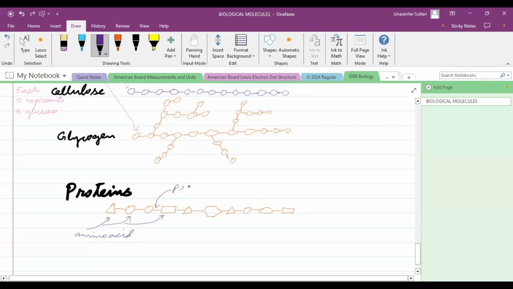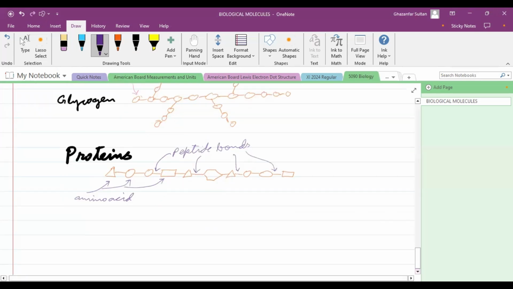What is its name? Peptide bond. So these all are peptide bonds. This is also a peptide bond. All of these are peptide bonds, which are joining amino acids. Okay. So during digestion, these bonds are broken down.